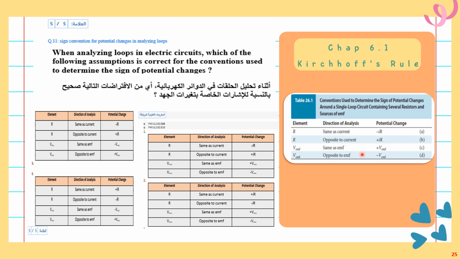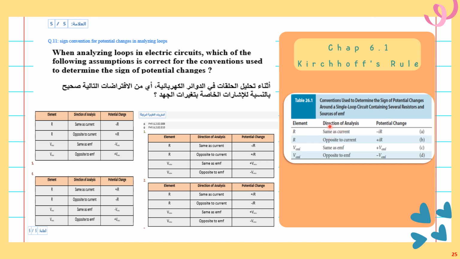How to know? We need to refer back to chapter 6.1, Kirchhoff's rule, and those are the conventions. That's the guide. Every time you are confused, you need to refer back to the guide in Kirchhoff's rule. So remember the direction of the loop and the direction of the current. That's how we need to define the answer for this question.